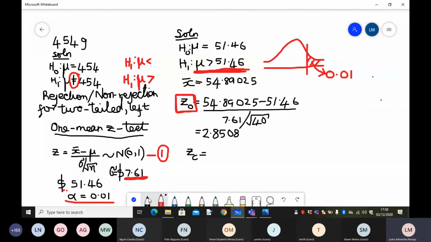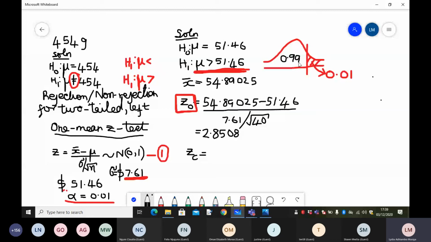And obviously, if that shaded region has a size of 0.01, then the opposite side, which is not shaded, has a size of 0.99.